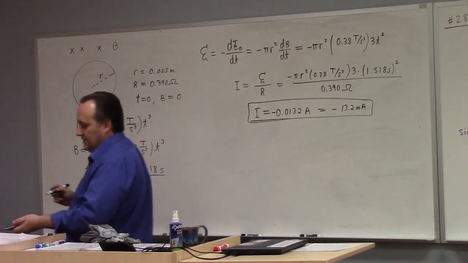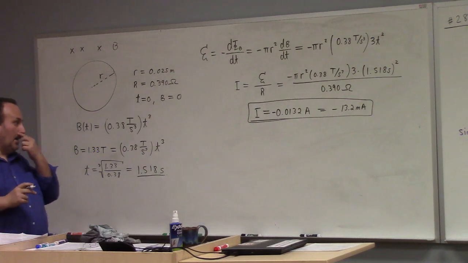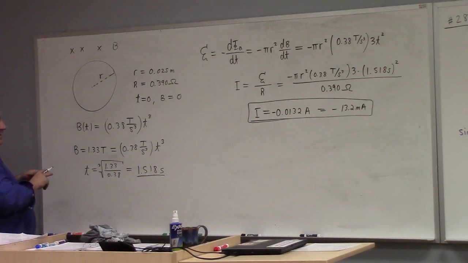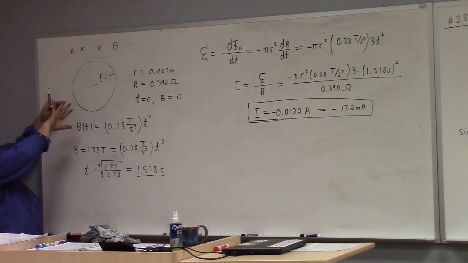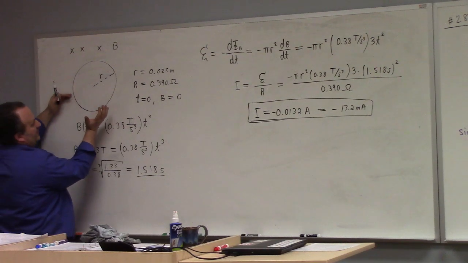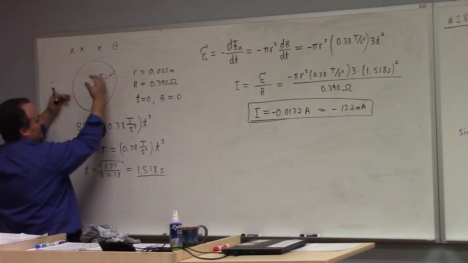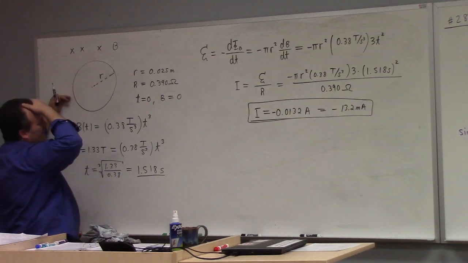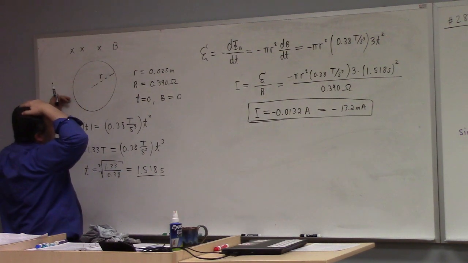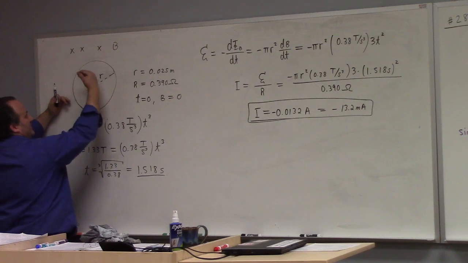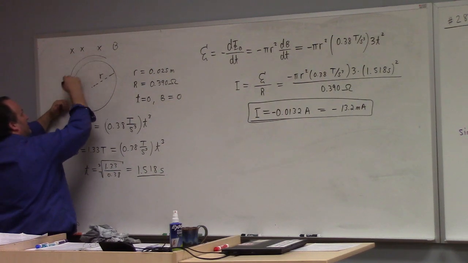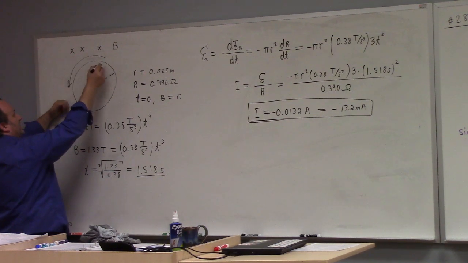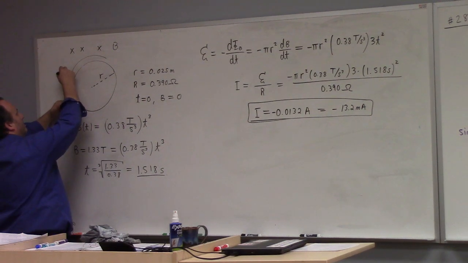And that being negative means that the current is induced in this direction, which is counterclockwise.